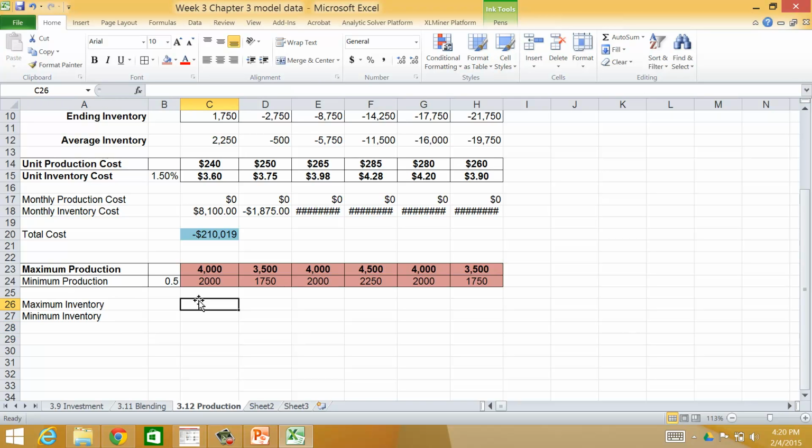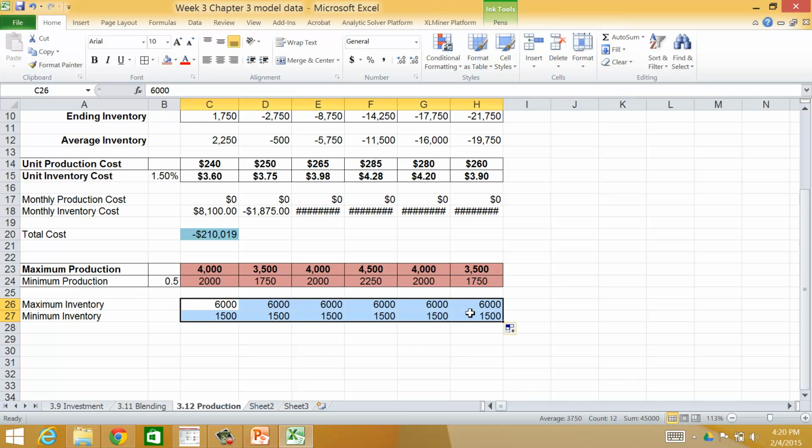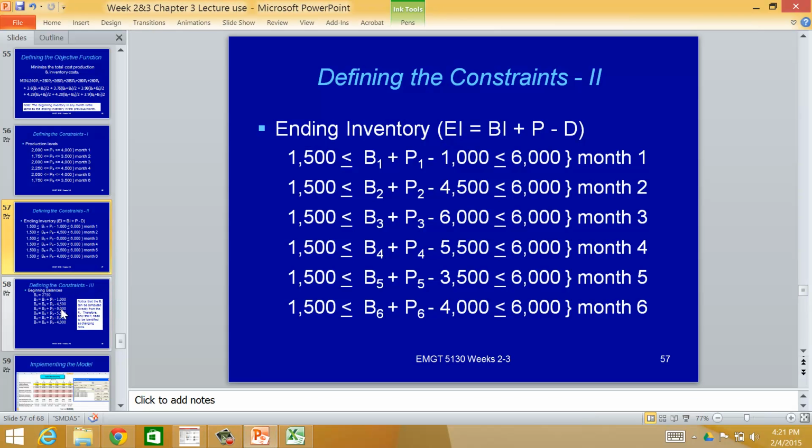So the maximum inventory is 6,000. This is a given. Minimum is 1500. Just copy it across. Okay, and these will be my right hand side too. Okay, with that, we took care of all the constraints.